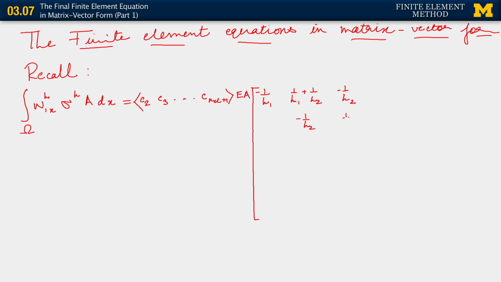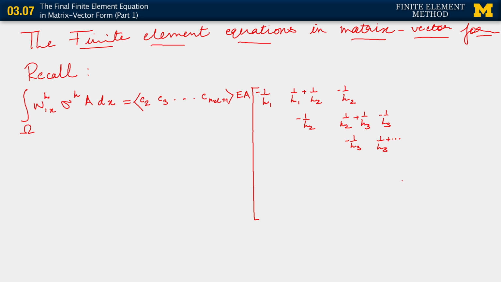And here we have 1 over h2 plus 1 over h3. Here we have minus 1 over h3, minus 1 over h3. Here we have 1 over h3 plus other terms, and I'll stop because if not I won't have a suitable point to stop.